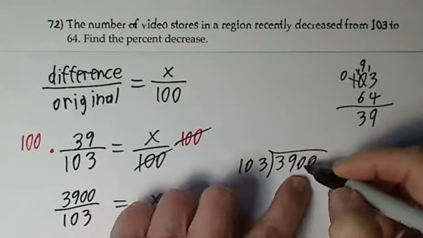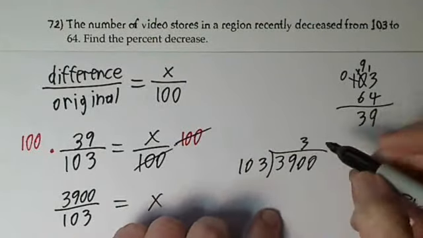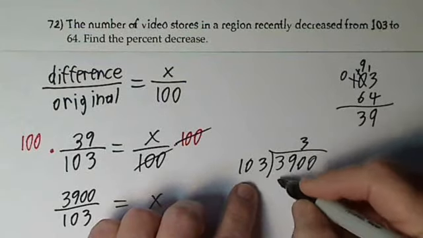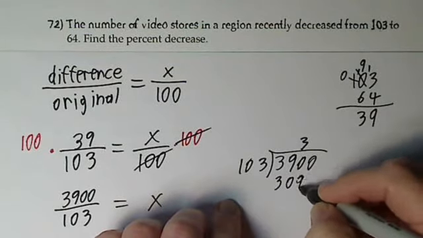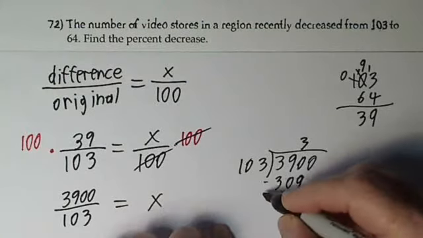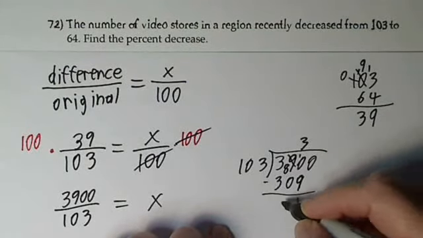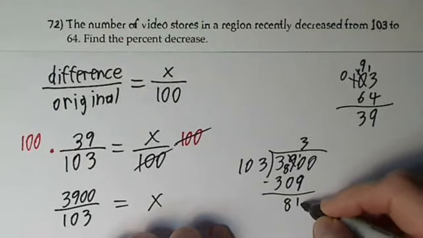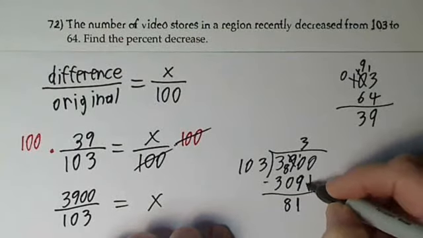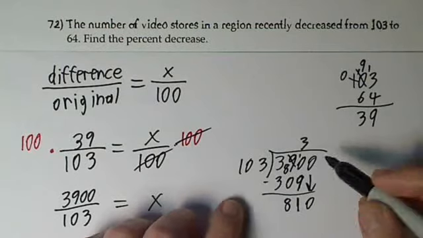Well, it certainly goes in there 3 times. So that would be 309, with 81 left over. Let's bring down our 0.